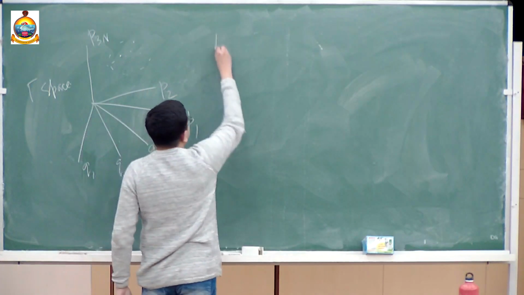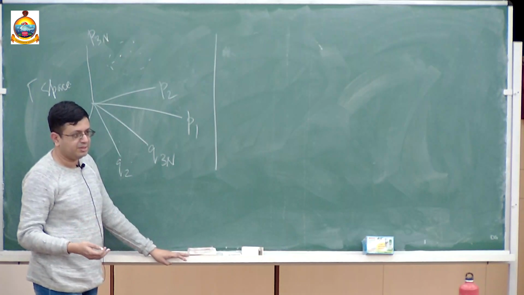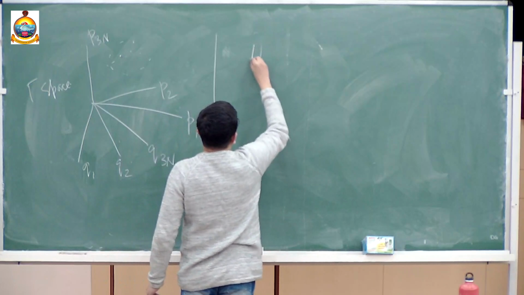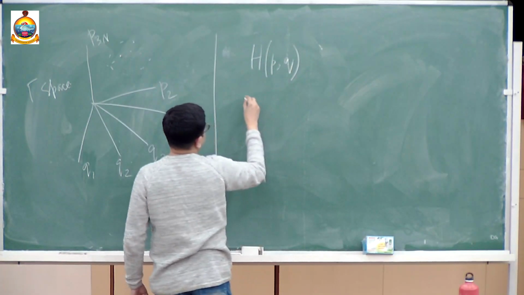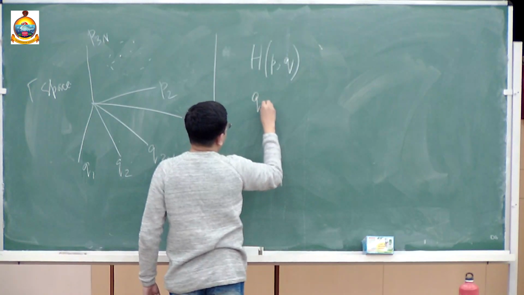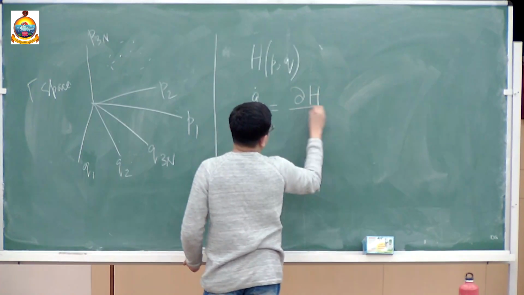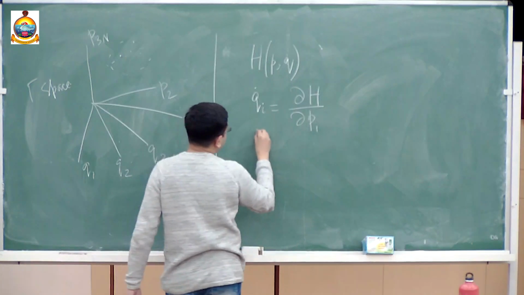How? That we know, because the dynamics is governed by an underlying Hamiltonian. Forget about those points for the moment. There is a Hamiltonian which is telling you how each of the 3N coordinate components changes in time, according to this law.